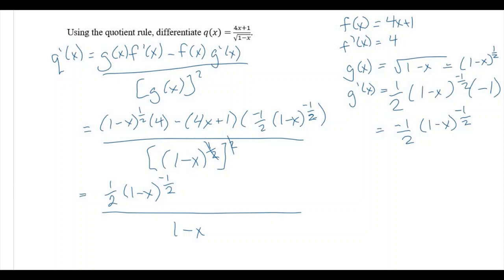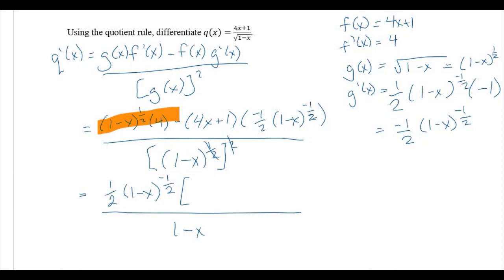So from the first part, which is this part here, when we factor out 1 minus x to the power of negative 1/2, what happens is it actually cancels out the exponent 1/2.